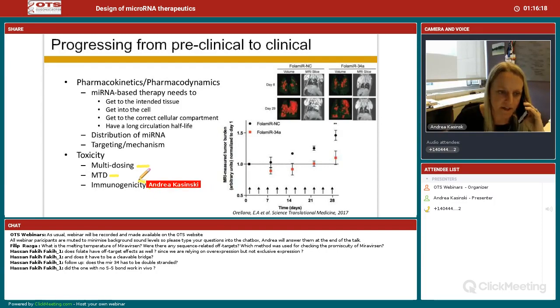Also, immunogenicity. So again, doing these studies in an immunocompetent model system, looking at some cytokine complement, other things that could perhaps lead to any sort of toxic events, doing these studies also in peripheral blood mononuclear cell culture, really to hone in on any of these perhaps toxic side effects that may be occurring.